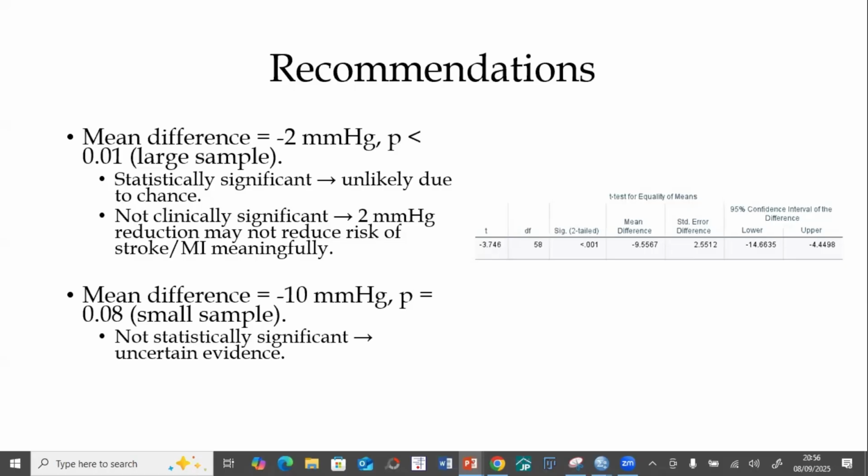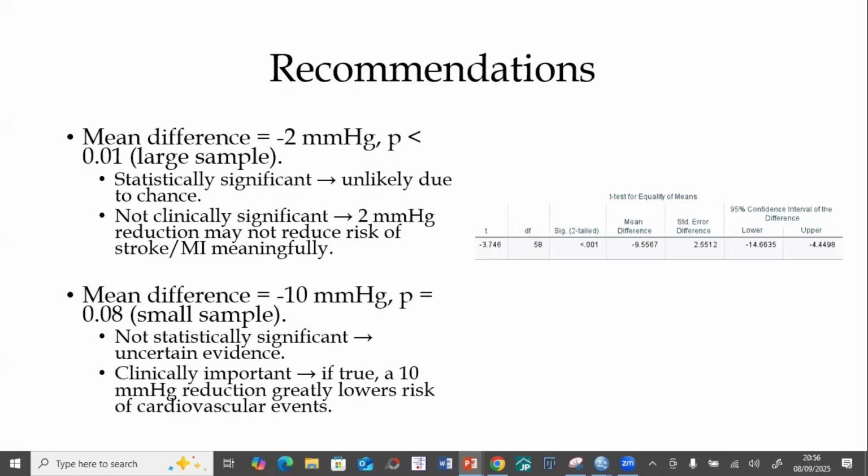So it was not statistically significant, probably because it was a small sample size, there were issues of sampling, and so on and so forth. But if you look at that 10 millimeters of mercury reduction, what does that mean in terms of cardiovascular events? Then it would mean something. So in as much as the p-value is not statistically significant, the effect size could be important clinically.